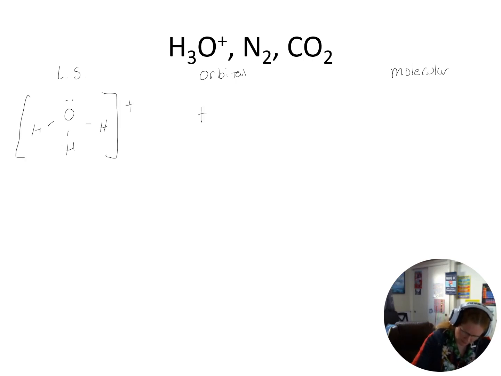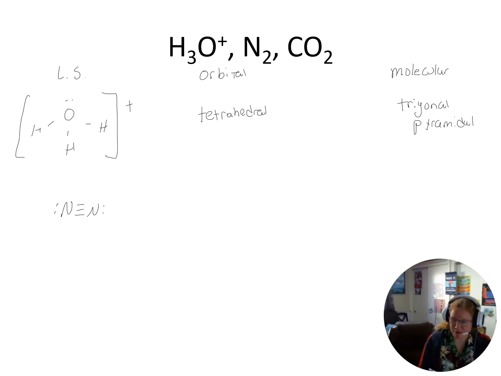So this is tetrahedral because it's 4 electron groups. And this is the trigonal pyramidal. Okay. This one we only have 2 things hooked together. The only thing it can be is linear.